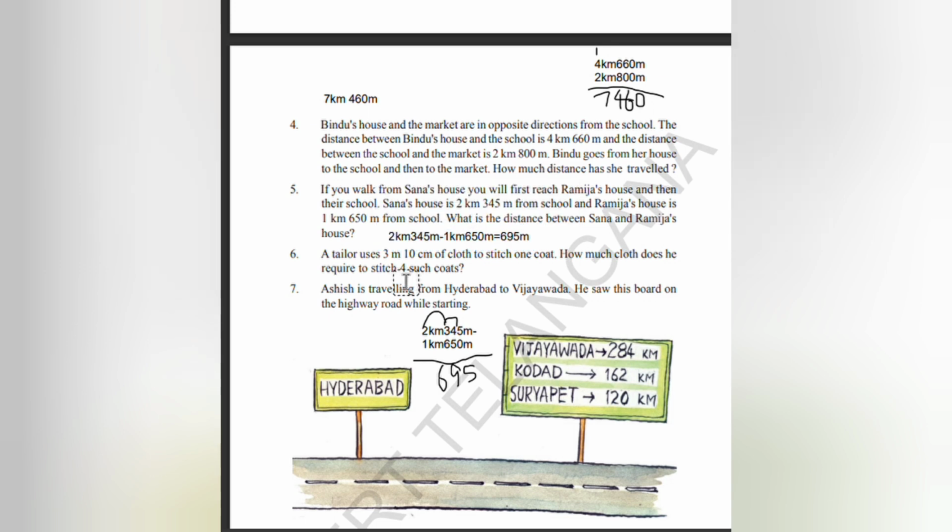A tailor uses 3 meter 10 centimeter of cloth to stitch one coat. How much cloth does he require to stitch 4 such coats? What is given here? 3 meter 10 centimeter of cloth to stitch one coat. So for stitching one coat, he is using 3 meter 10 centimeter.